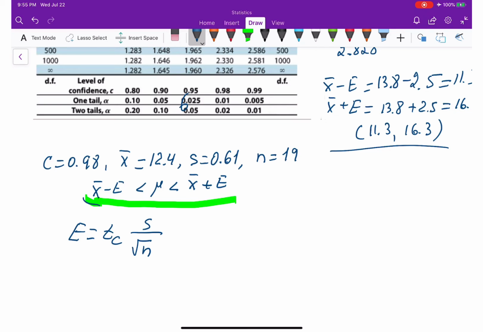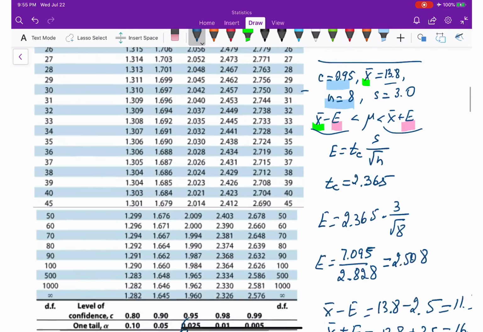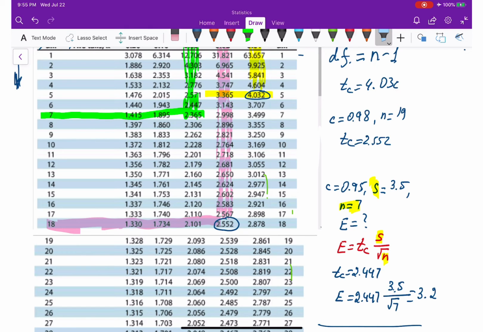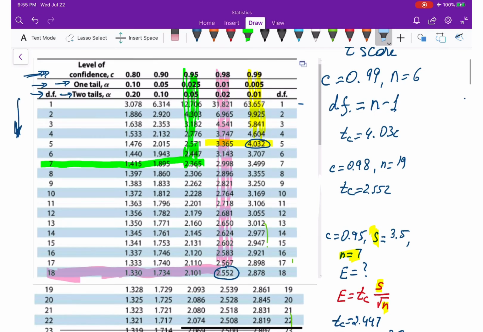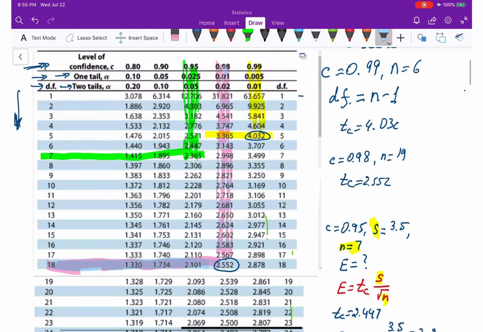We have 0.98 confidence level, and degree of freedom will be 18 because N is 19. So 18 and 98. Oh, already have here. So it's going to be 2.552, right?